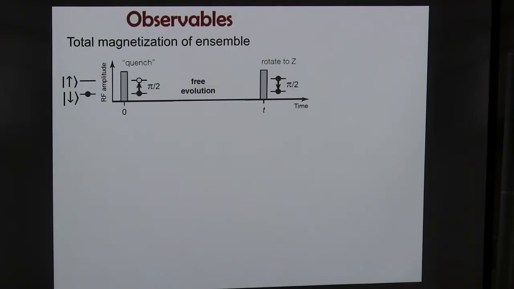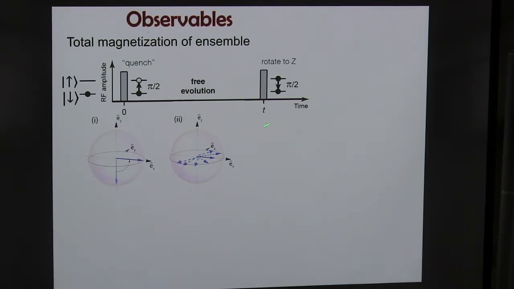So the way that we're going to probe the spin dynamics is with standard Ramsey spectroscopy. Basically we start with a spin polarized gas at time equal to 0, that is by definition non-interacting, and then we apply a pi-half pulse, and this pi-half pulse creates a coherent superposition along the XY plane with maximum transverse magnetization.